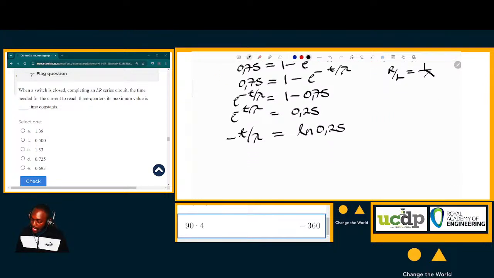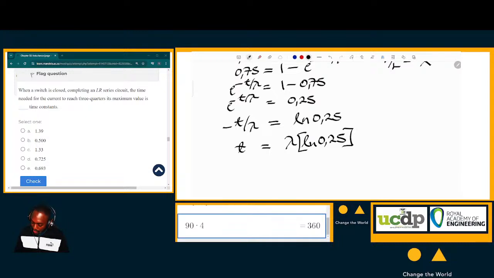So we want to determine the time. So our time t will be equal to ln 0.25 multiplied by the time constant, negative, because we've taken the negative to the other side. So we can find what ln 0.25 is.